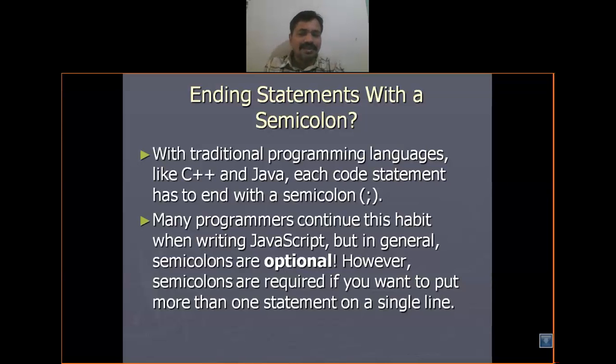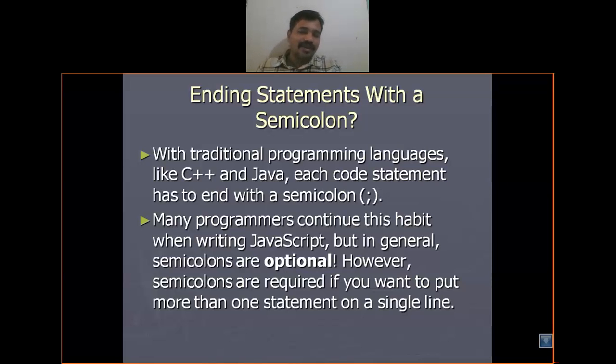For example, I might write code as document.write hello world, good morning, document.write, and many things within one line. So how can your interpreter understand where a statement begins and where it ends? At that time you have to write a semicolon. After every complete document.write, you write hello world, a semicolon, then you write document.write and very good morning.